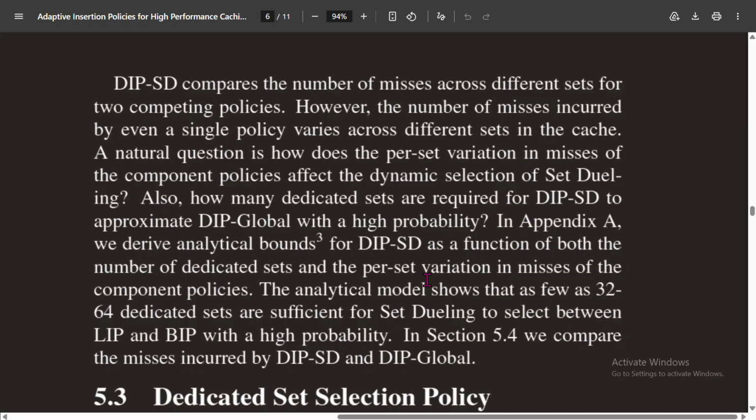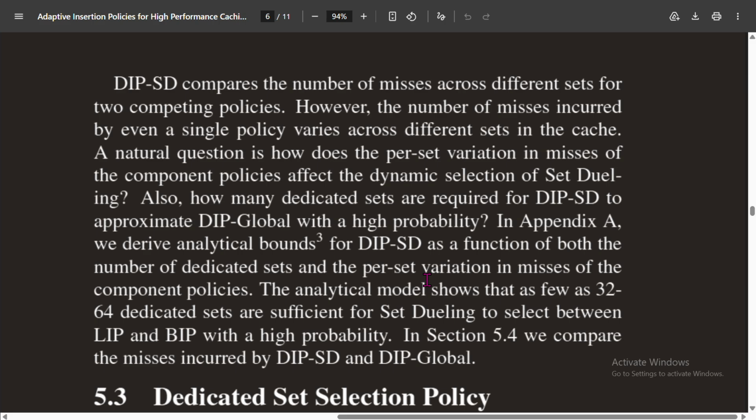Also, how many dedicated sets are required for DIP-SD to approximate DIP global with a high probability? In Appendix A, we derive analytical bounds for DIP-SD as a function of both the number of dedicated sets and the per set variation in misses of the component policies.